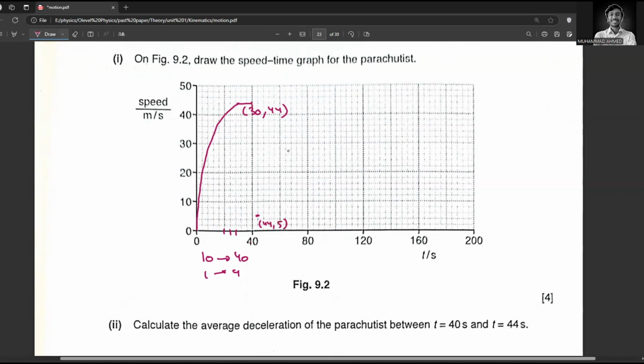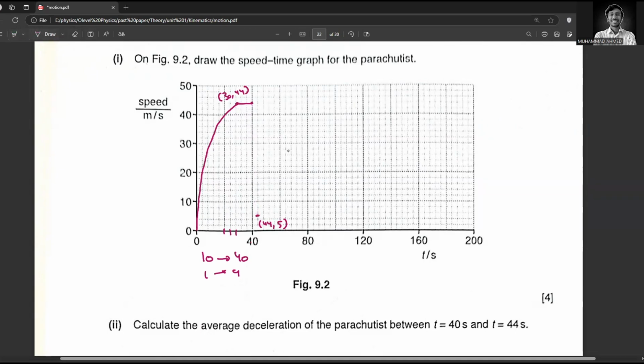Can you draw? Yeah, you will draw a line, or first of all, let me erase this point and write it above here. Let's write it here 30 slash 44. Let's make a deceleration thing, something like this. This can be a curve, this can be a line, this totally depends on you.